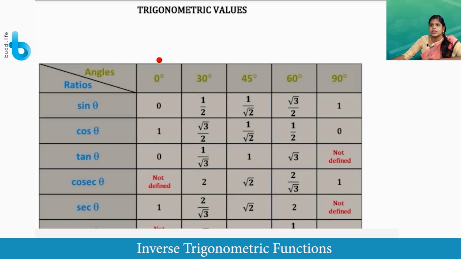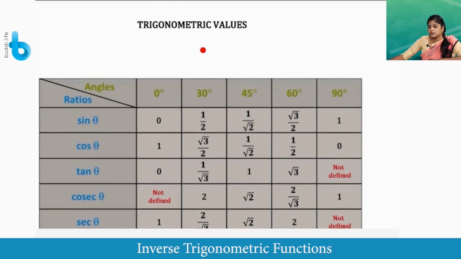Okay, 0 degree is 0, and 30 degree is what? 30 degrees is pi by 6, 45 degrees pi by 4, 60 degrees pi by 3, and 90 degrees pi by 2. Okay, I hope you know this. What is pi value? Pi value is 180 degree.